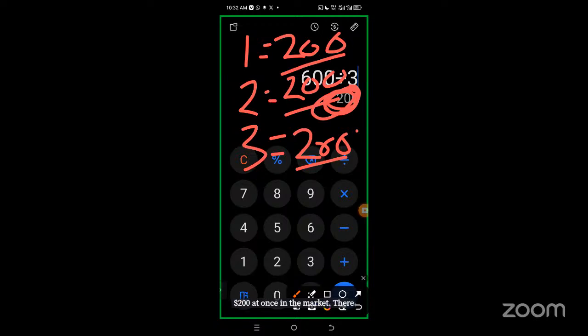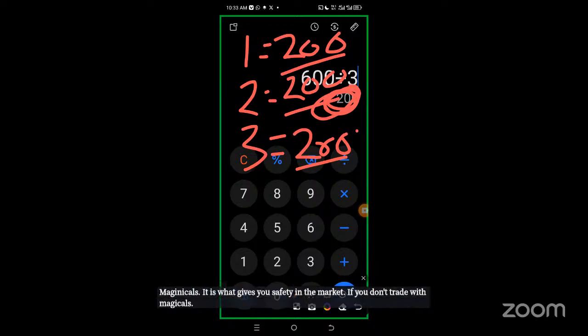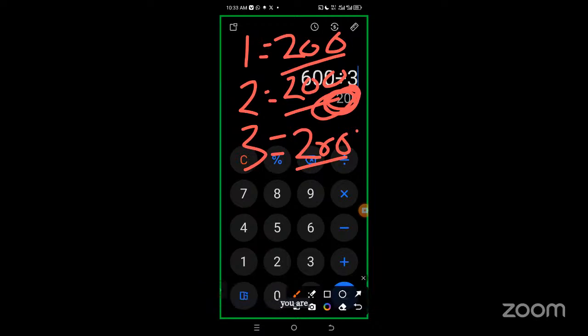Therefore, we have to trade with the margin calls to have safety in the market. Because I told you, margin calls are what give you safety in the market. If you don't trade with margin calls, you will stay long in the market without making profit.